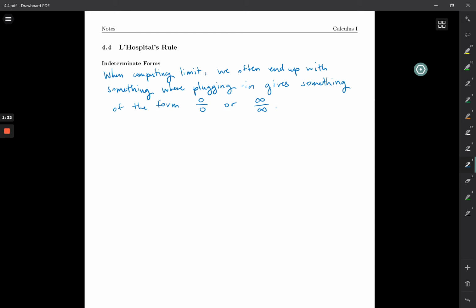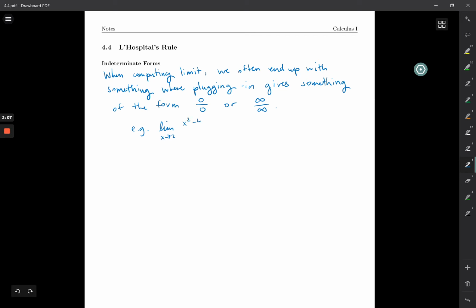So 0 over 0 is not well defined, and we could argue that it could have a lot of different values. And we'll see an example of why we call this an indeterminate form in a second. But this does actually happen very often, especially when we're computing derivatives using the limit definition.